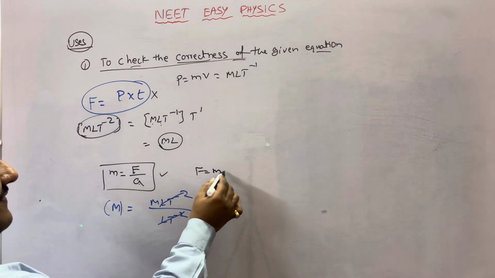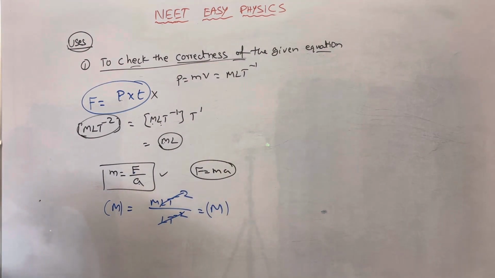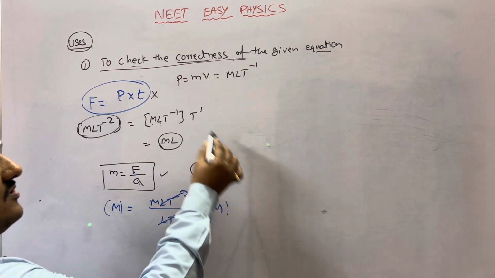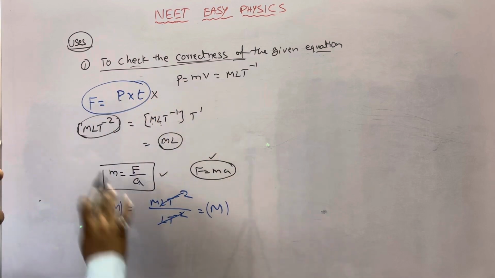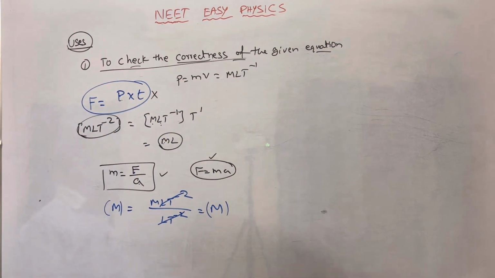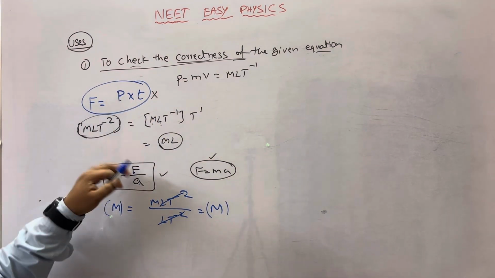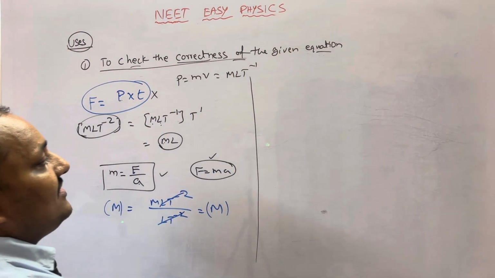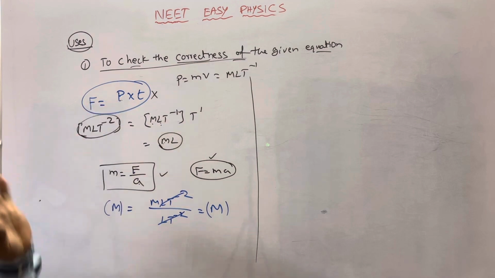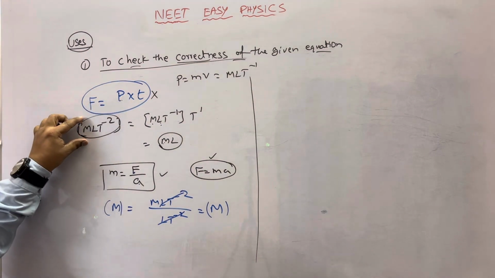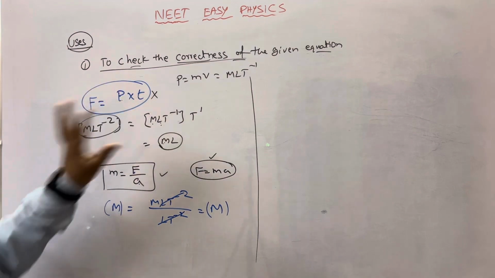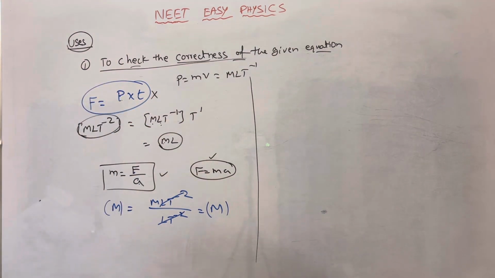Just from the equation f equal to ma, everyone came to know. So to cross check, you can take some known equations. You will get them fast and you will get practice also. So this is to check the correctness of an equation by using dimensional formulas.